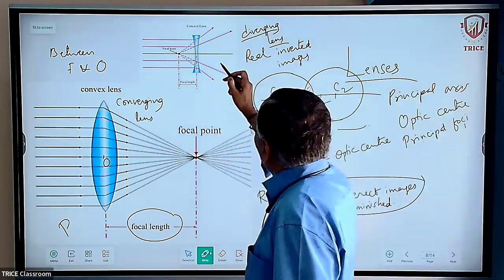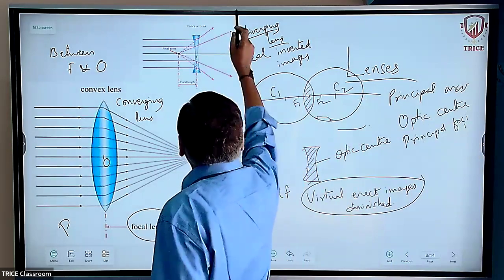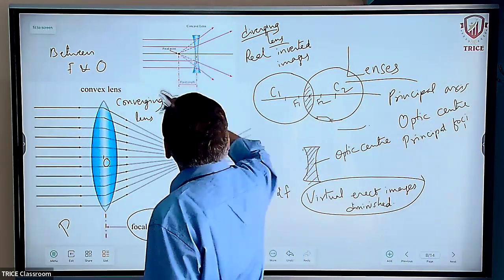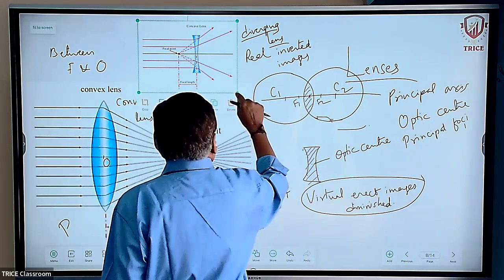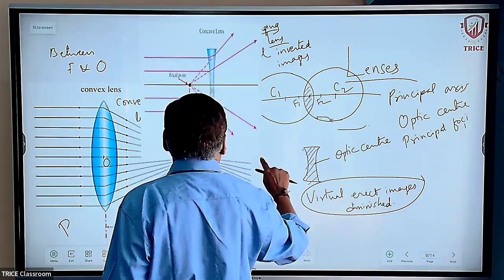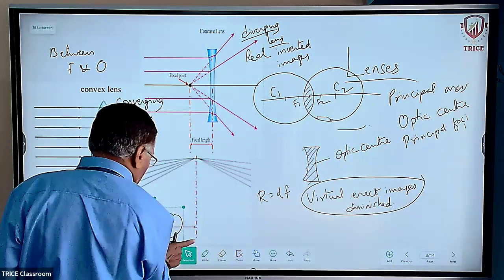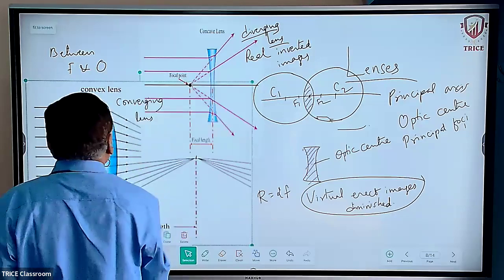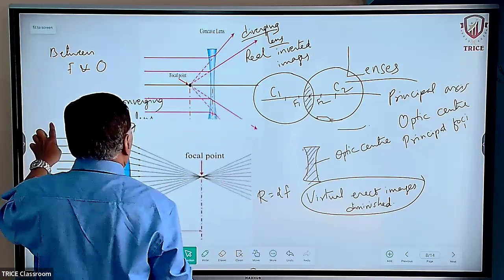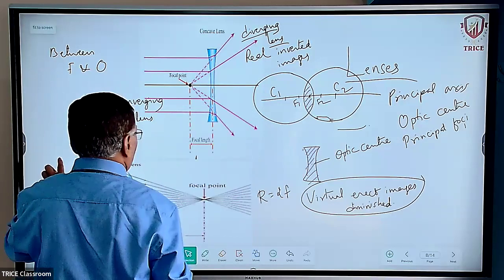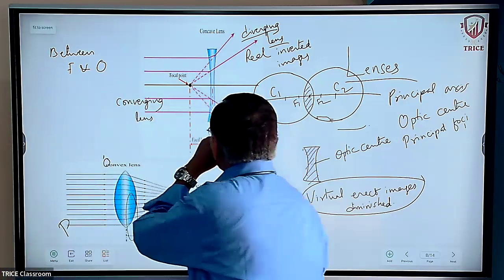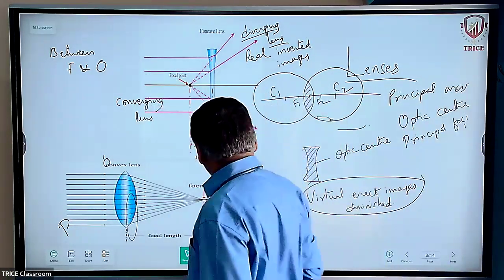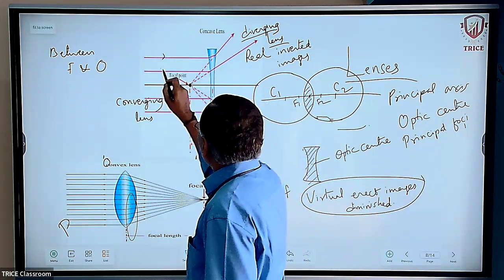See here, when the light gets refracted, in the case of a concave lens, all the rays are incident from the left hand side.